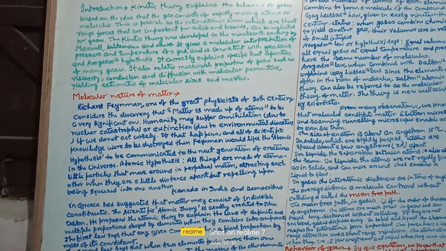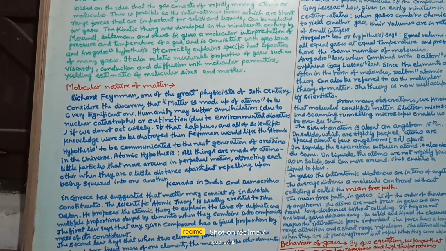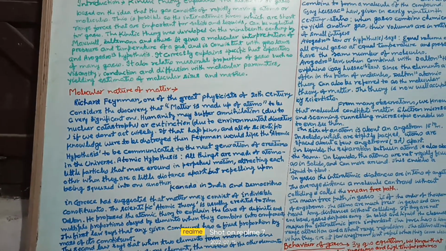Kanad in India and Democritus in Greece had suggested that matter may consist of individual constituents.